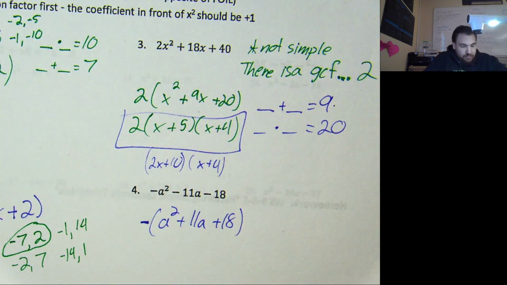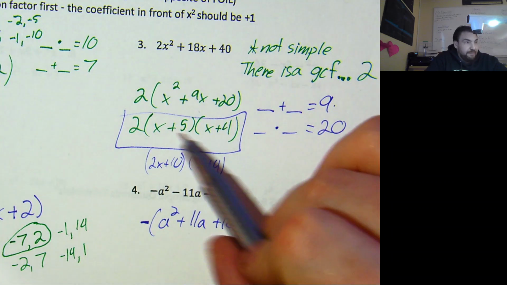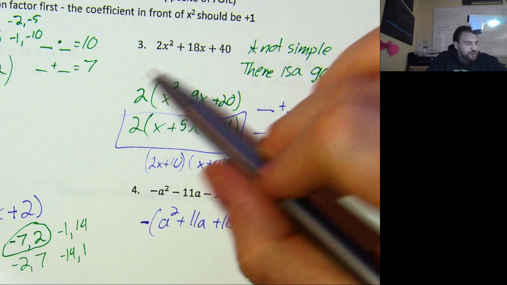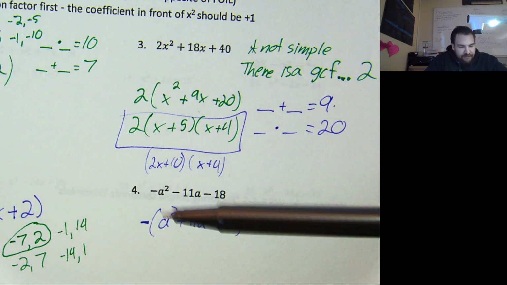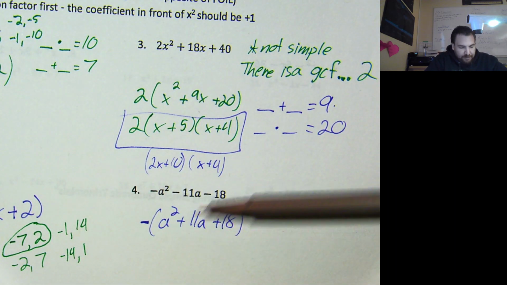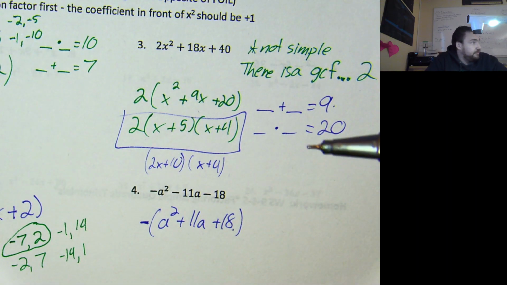And you just distribute that 2 onto the first bracket? Yeah. If I were checking my work here, I would multiply the binomials together first and then distribute the 2 in. Oh, I see. But either way would work. Okay, so Carolyn's pulled out the negative, leaving us with a squared plus 11a plus 18. Now what are we going to do?